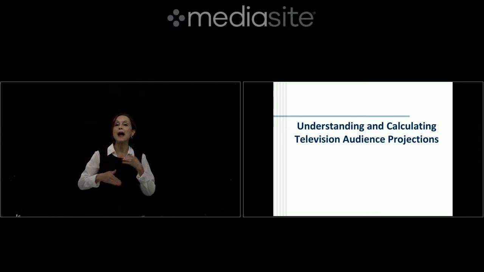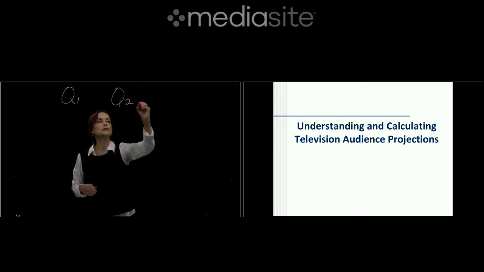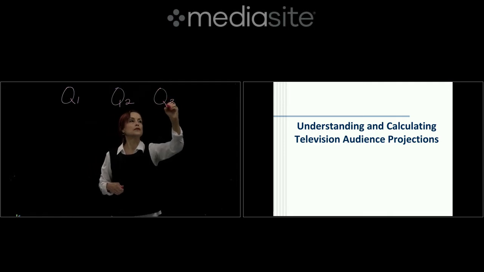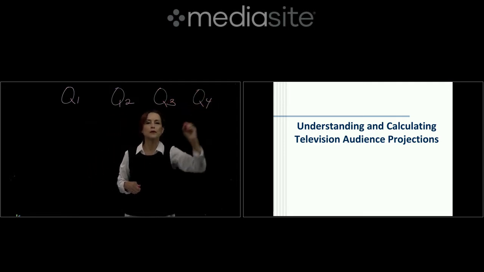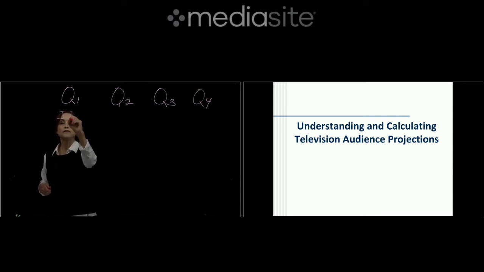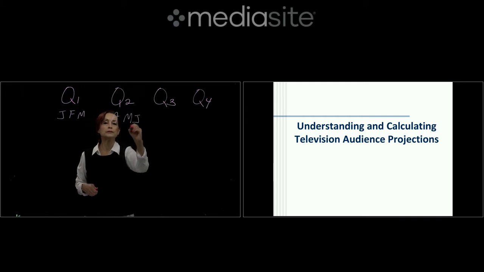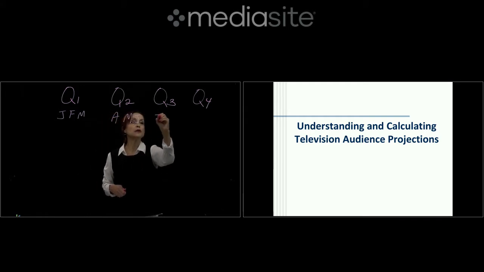So let me go back a minute to see how clients look at calendar year in quarters. Let me write this down. So you have Q1, Q2, Q3, Q4. Quarter one is January, February, and March. Q2 is April, May, and June. Q3 is July, August, September.